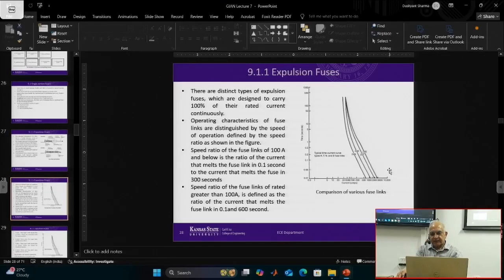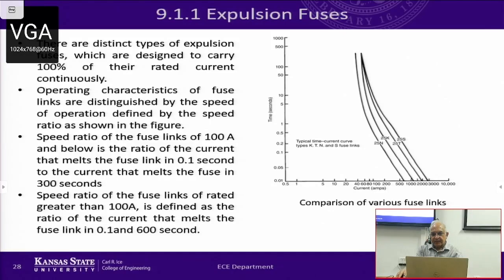So lecture 7. Okay. So these are the graphs of, what happened? Okay. So this is the type T fuse.